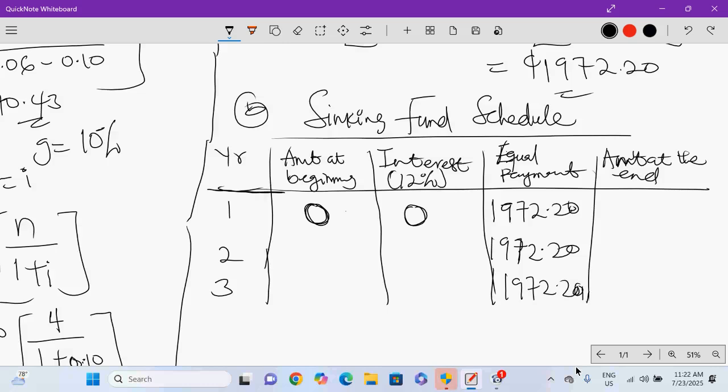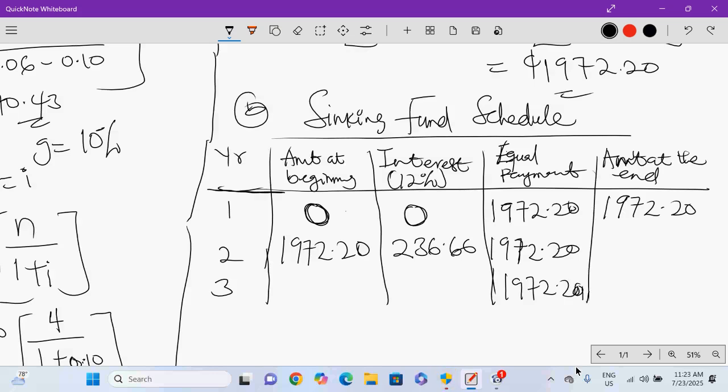At the end of year one, you were having this amount in the fund, 1972.20. You came to year two. At the beginning of year two, you were still having 1972.20. Then the 12% interest on it is given as 236.66, right?